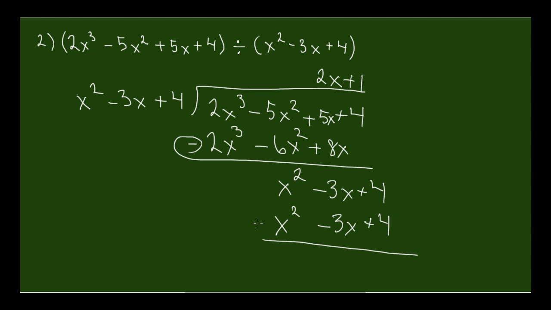These match up, so when we do our subtraction right here, we get 0, which means this divides evenly. This expression right here, x squared minus 3x plus 4, divides evenly into 2x cubed minus 5x squared plus 5x plus 4 with a 0 remainder, and basically that's it for that problem.